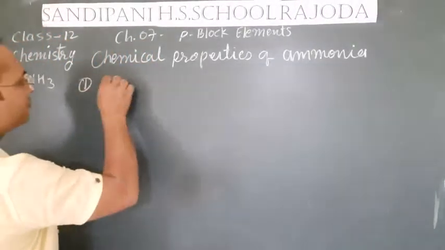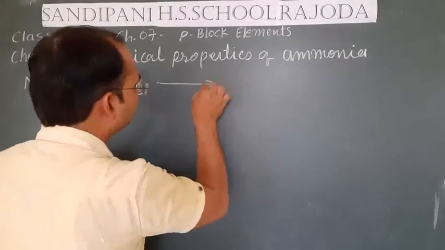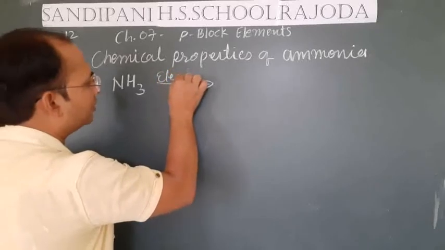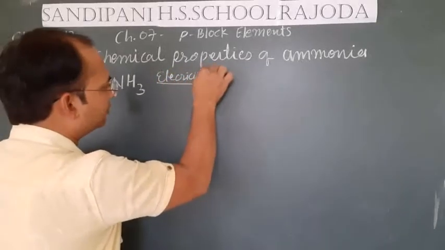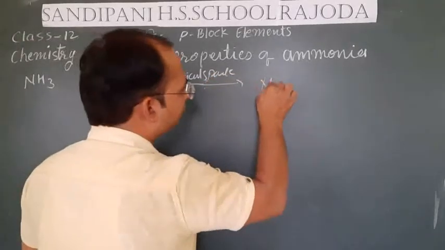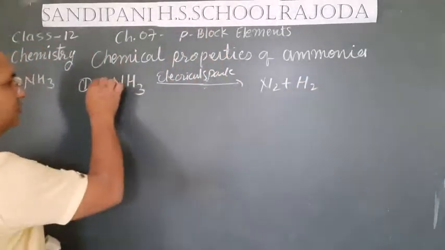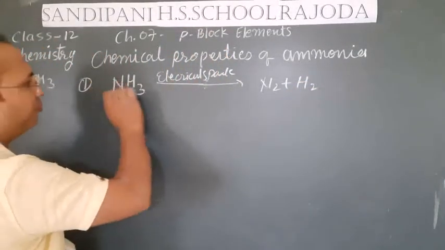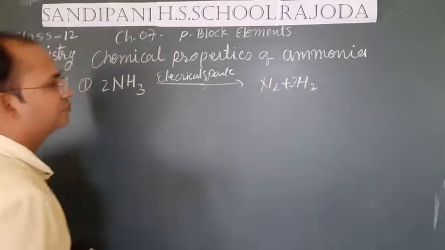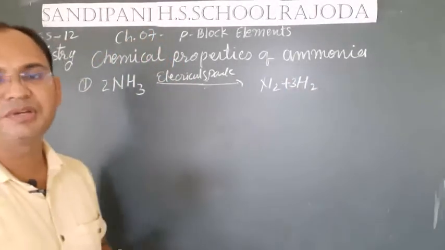First, when ammonia, NH3, passes through electrical spark, then N2 plus H2 are formed. Balancing this equation: 2, 3. So this is the first chemical property.